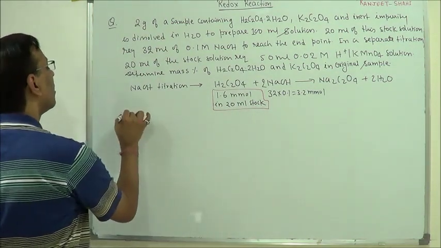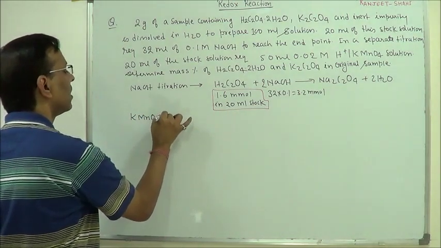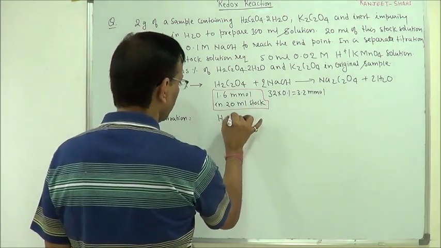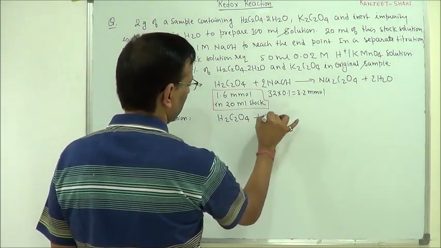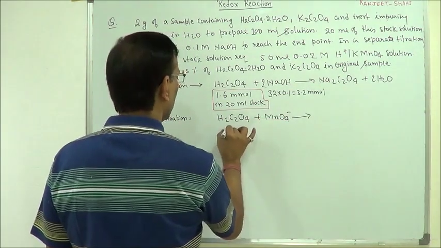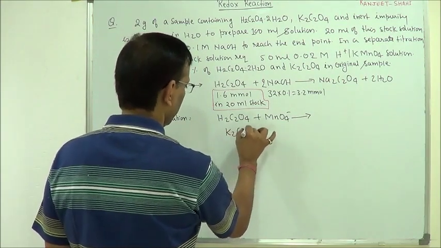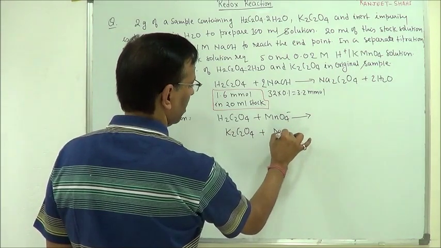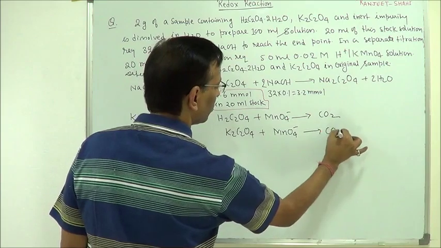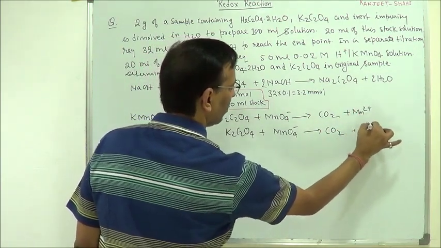In the KMnO4 titration, both H2C2O4 and K2C2O4 will react, giving CO2 and Mn2 plus.